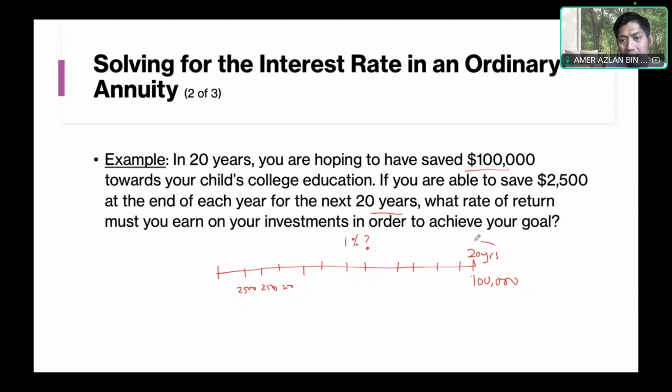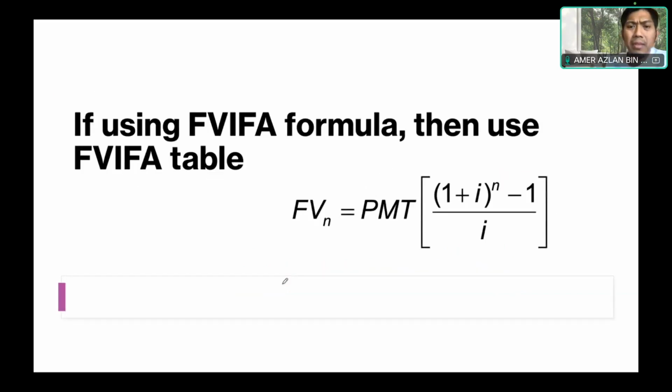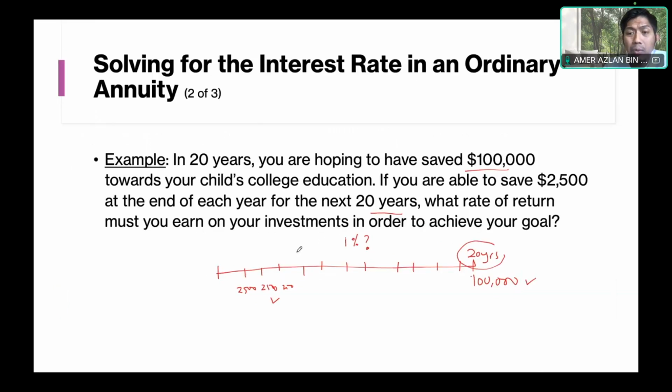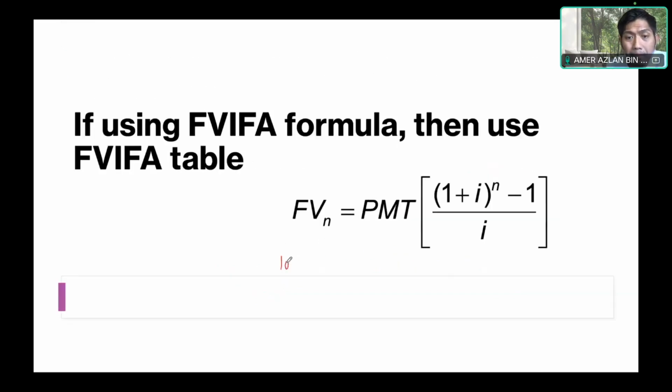So we want to find out the I here. We have the data on the period. We know what the future value is. We know what the payment is. So how do we solve the interest rate calculation? We can use the future value formula of ordinary annuity. So the future value is 100,000. The PMT is 2,500.